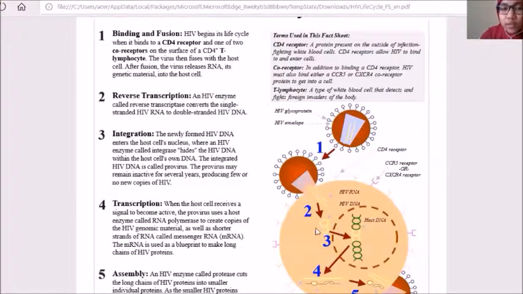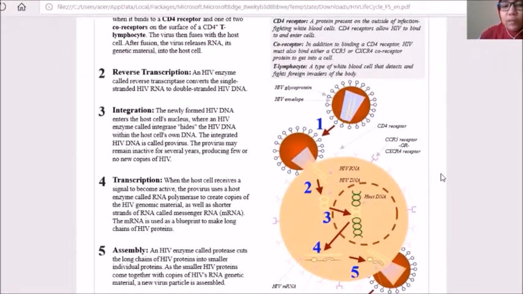And when it starts reverse transcription, they will go further to the third stage, which is integration. Integration means the newly formed HIV DNA will enter the nucleus of the host, and it starts to integrate.